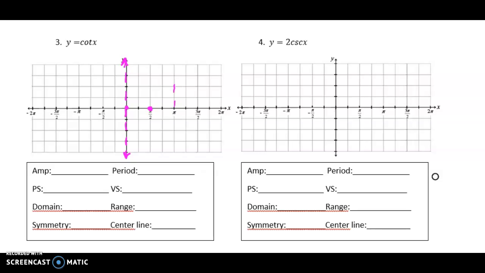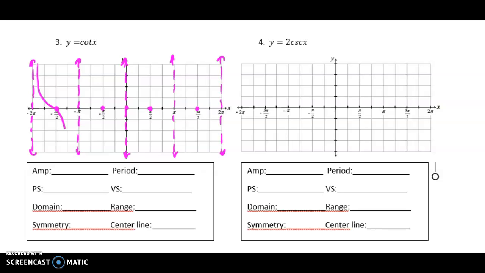So we alternate vertical asymptote, and then a dot, and then a vertical asymptote, and a dot, vertical asymptote, x-intercept, vertical asymptote. And one other difference is cotangent falls.